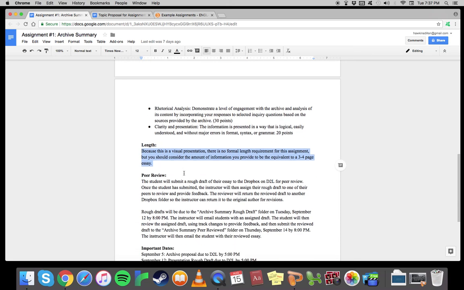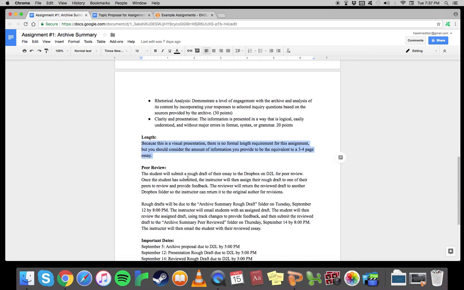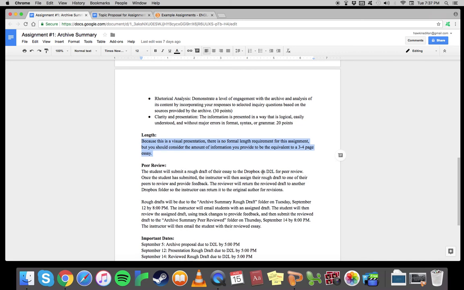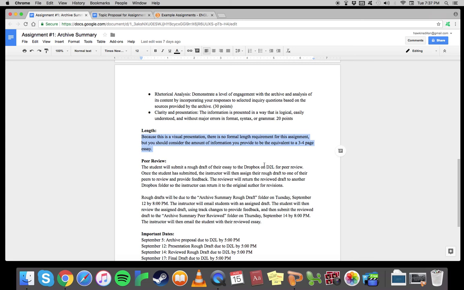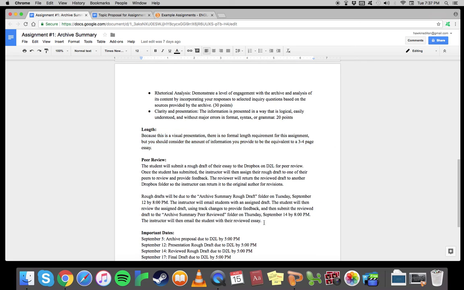There will be a peer review in which you will submit a rough draft of your presentation to the Dropbox. What I will do is I will then partner you up with somebody, and you will receive the rough draft in an email. You will then review that draft and then resubmit it to the Dropbox, and I will return it. Okay, so rough drafts will be due to the archive summary rough draft folder.